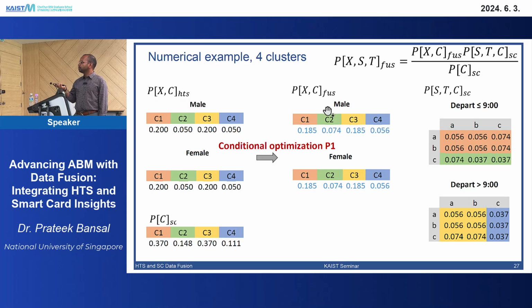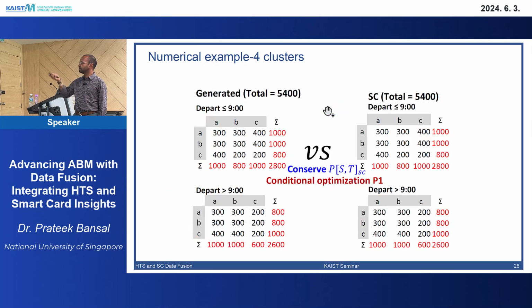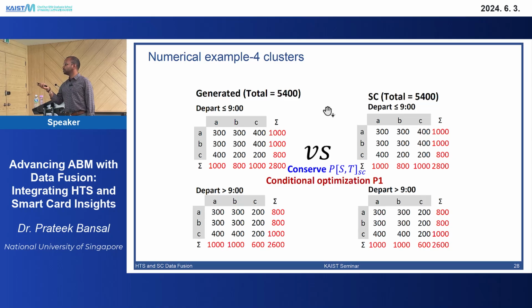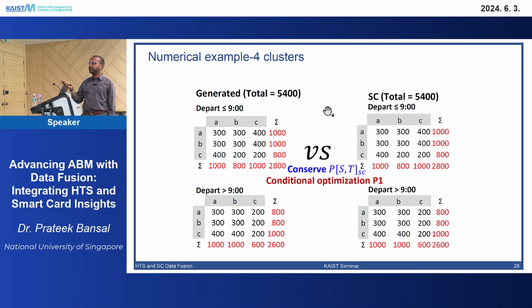Once you use this fuse distribution here, and STC and C you directly observe from the smart card data, this will be your generated data. And you can see once you use the optimized one, you can actually maintain the joint distribution of the SC data that you observe. This is the observed one, this is the generated distribution.